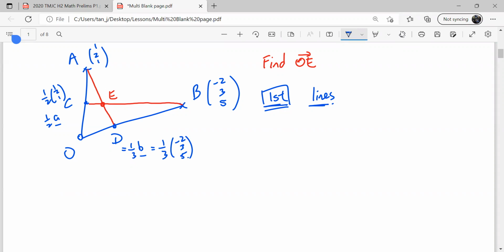So what happens is you can find line AD: r is actually OA plus lambda of AD. AD is OD minus OA. So negative 2/3 minus 1 is negative 5/3.